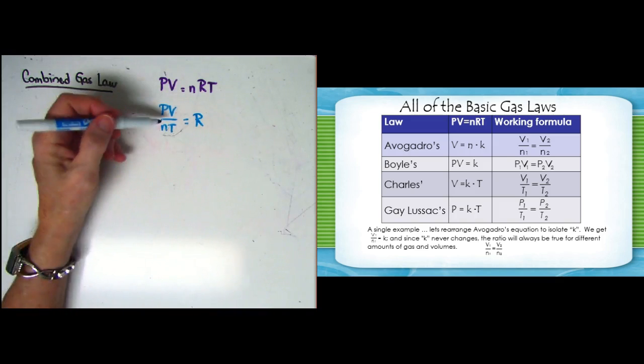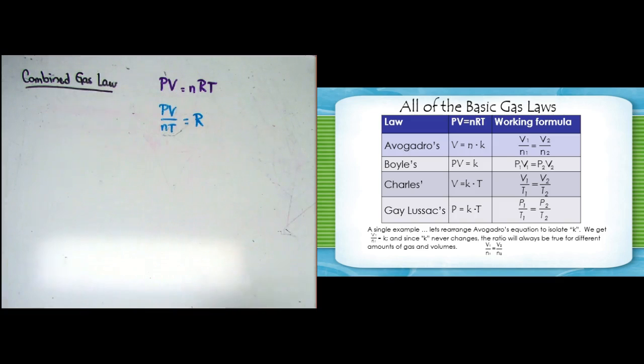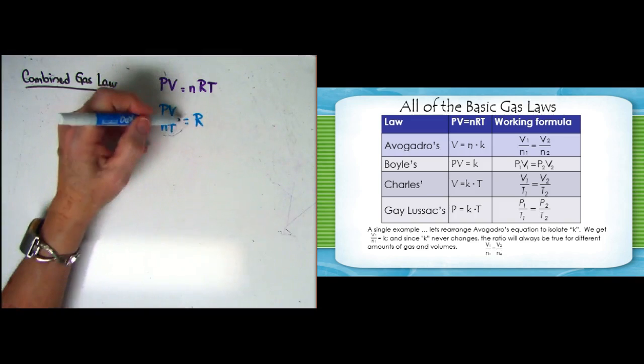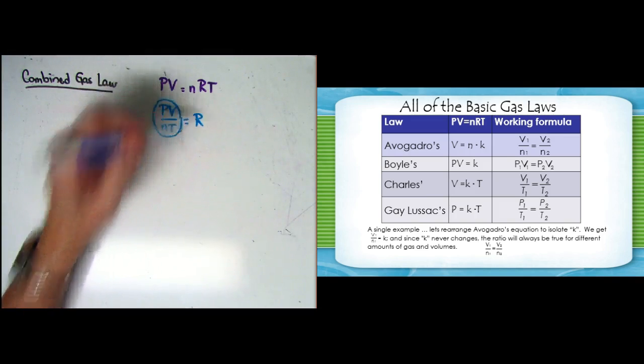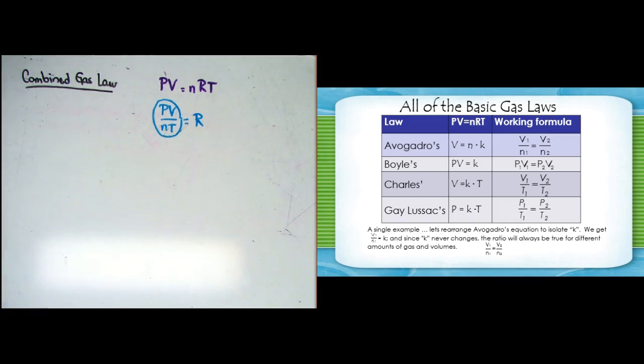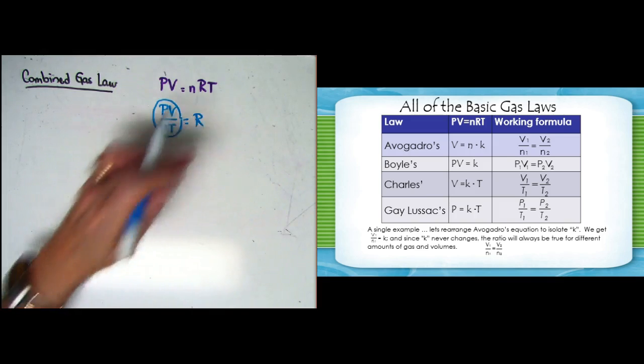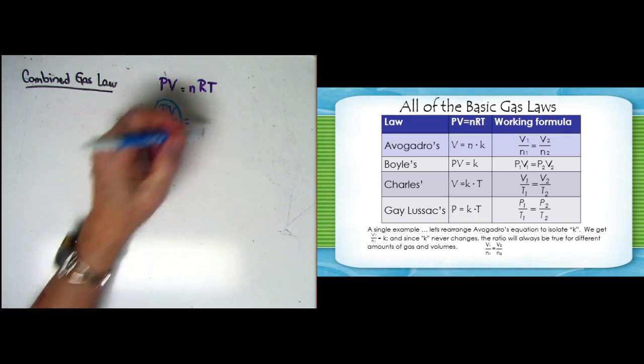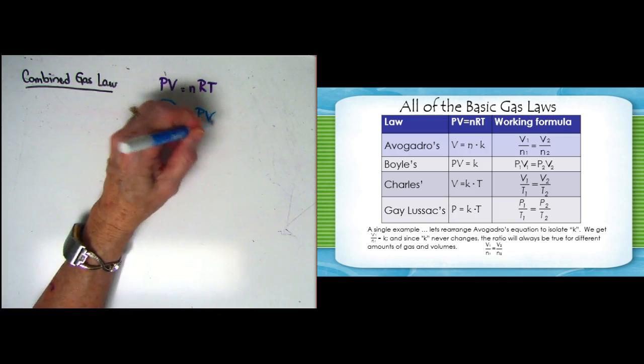Okay? So what I want you to be able to do with this is to see within this section these individual gas laws. All right? Now the best way we do that is to go ahead and say, let's have a before and an after.